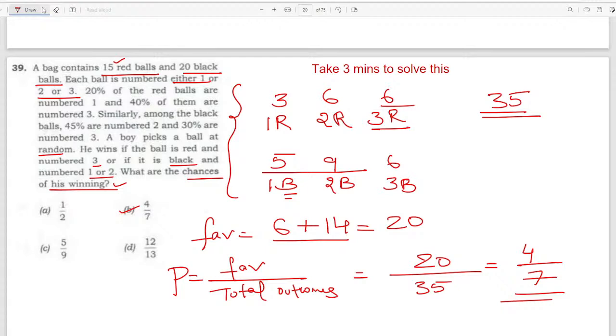LK, is this clear? Okay. If it's clear, we'll move to the next question then. If you have any doubts, please ask.